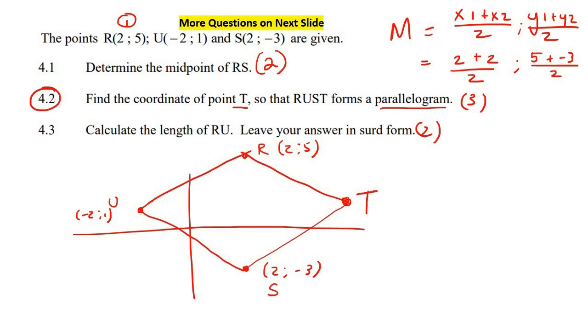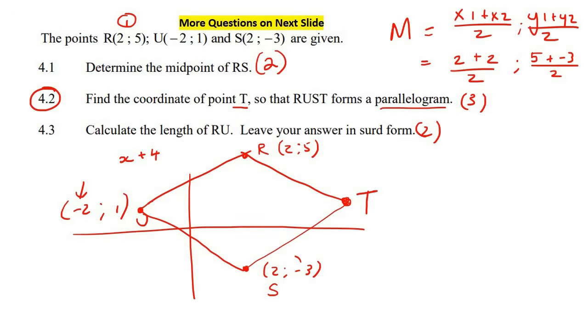There are different ways you can do this. Let's say from U to R, you need to see what happens to the X values and what happens to the Y values. Here the X values go from minus 2 to positive 2, so they went up by 4.